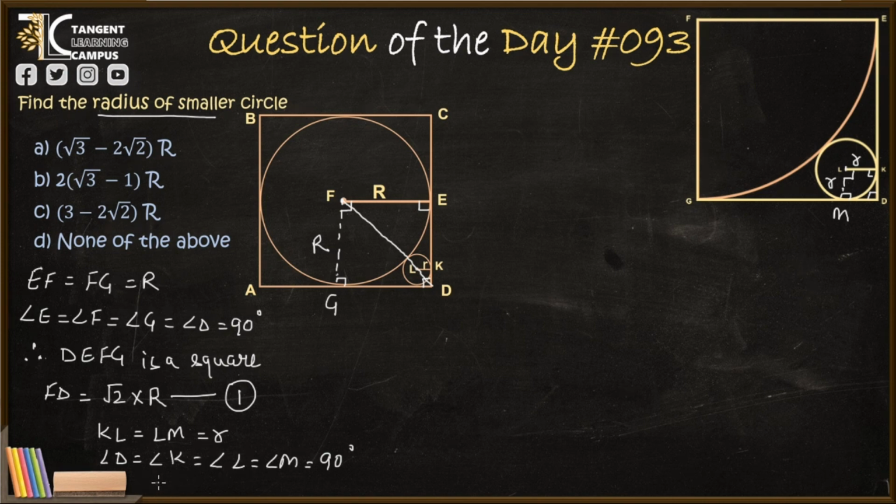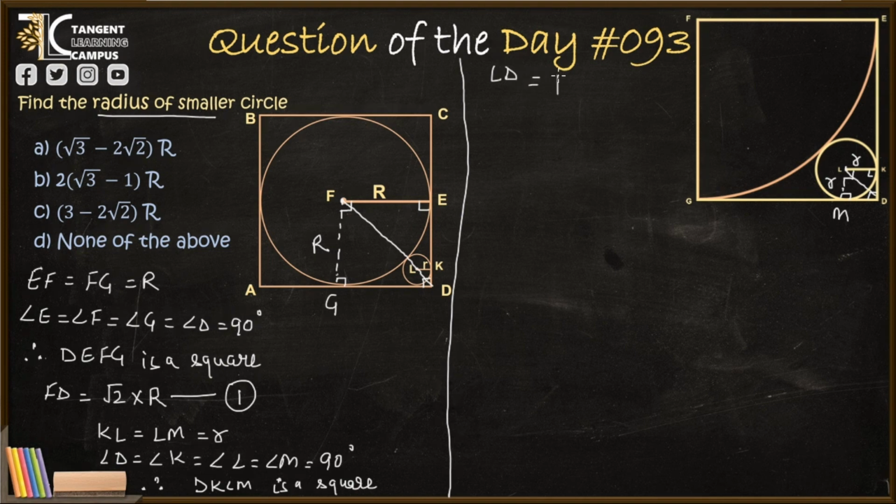So DKLM is a square. And let us draw the diagonal in this square, that is LD, which is equal to root 2 into side, that means root 2 into small r. Let us mark this as equation 2.